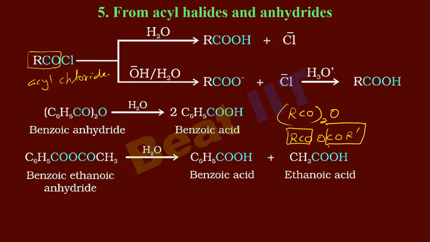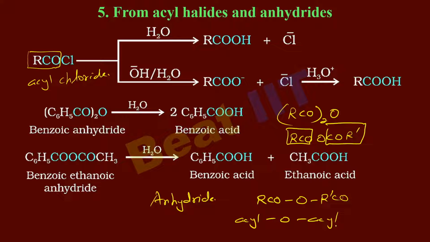Two acyl groups around oxygen is known as an anhydride. If both acyl groups are the same, you write it like this, RCO whole twice O. If both acyl groups are not the same, you write it like this, with one acyl group here and another acyl group here. But all these compounds have acyl groups.